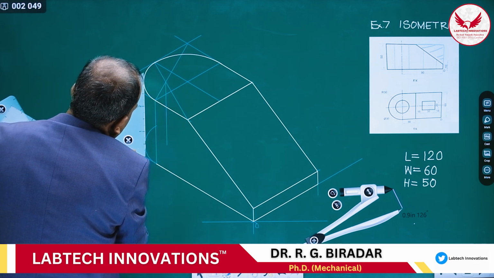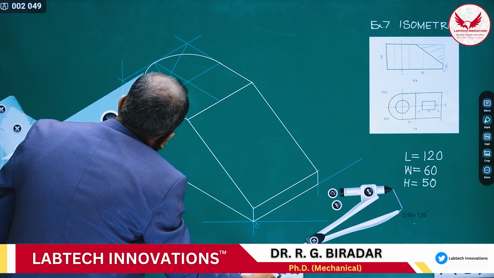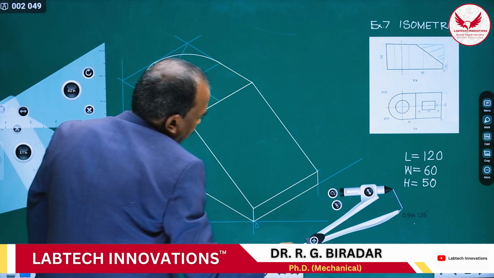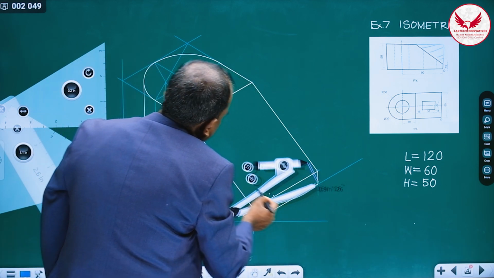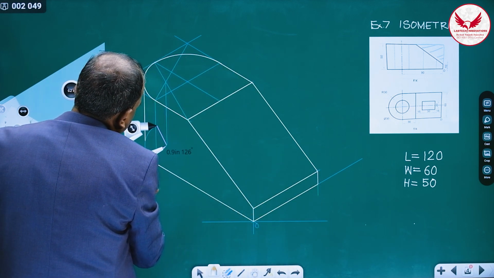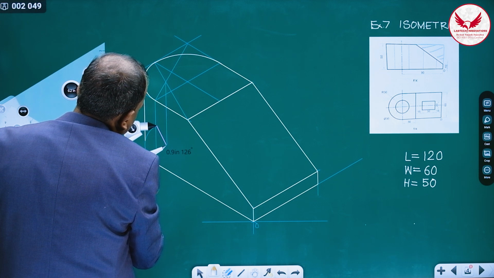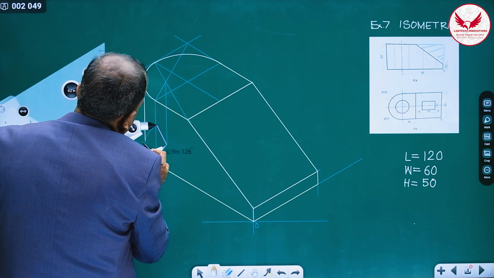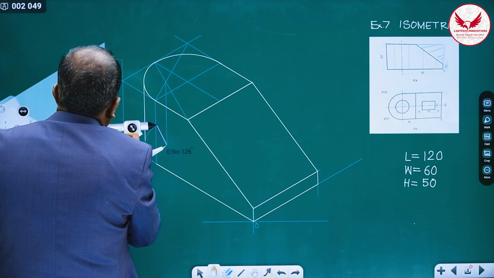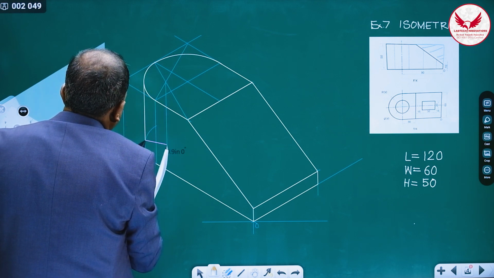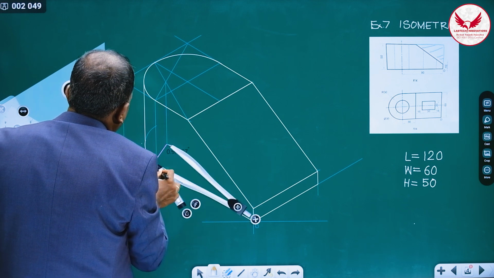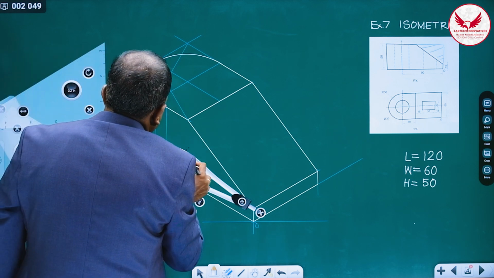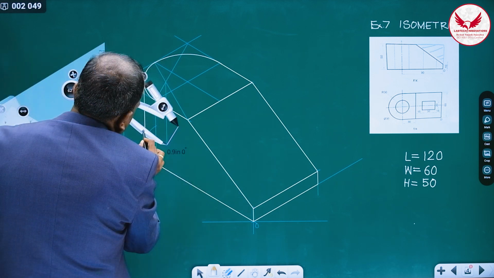So we have to mark that tangent to this, and with the help of the compass, with the same center, now we can mark this arc. Our first center is this only.